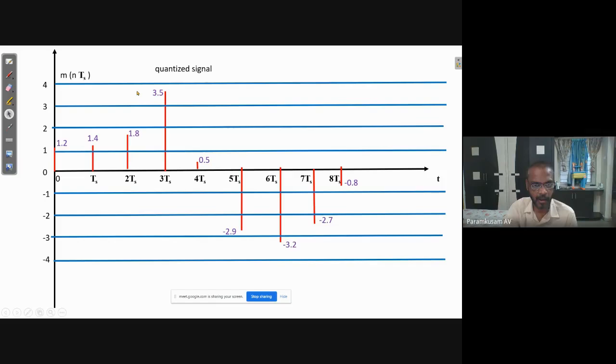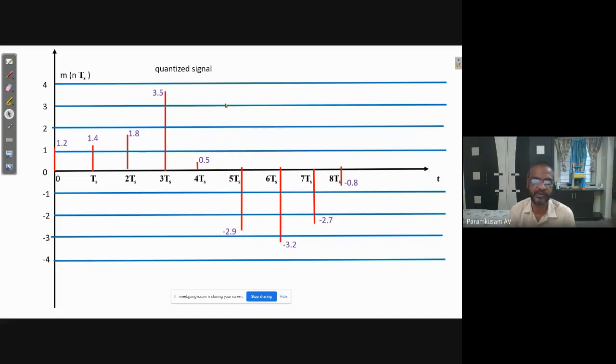Now what quantization exactly has done, the value of the sampled signal is approximated, is rounded to the nearest quantization level. That is the definition of quantization.